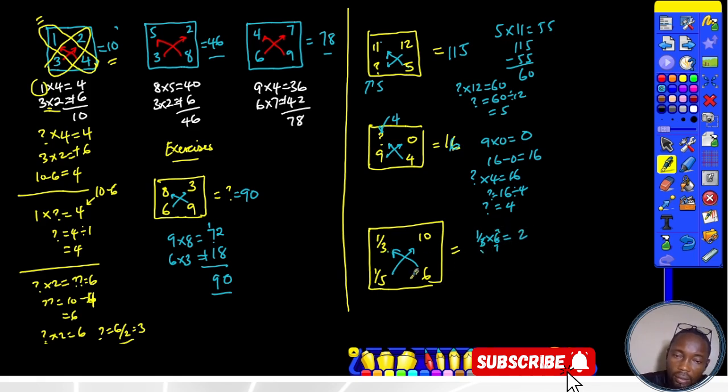And 1 over 5 times 10 is also 2. Now, if you multiply this together, sorry, you're adding. If you add it together, you have 4. 2 plus 2 equals 4.